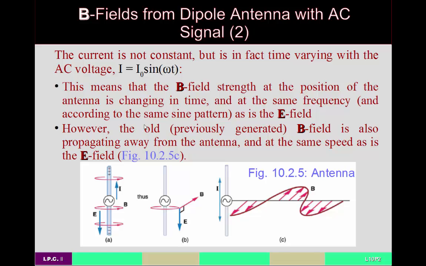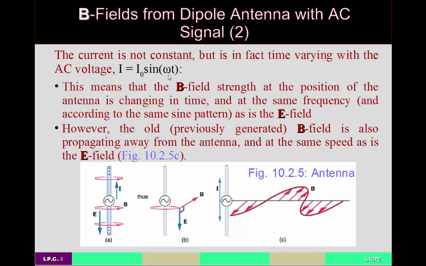And since the current is not constant, because again the current goes like the voltage divided by the resistance of these rods, you end up with a current that varies sinusoidally. And so that means that the magnetic field strength is also going to vary sinusoidally.